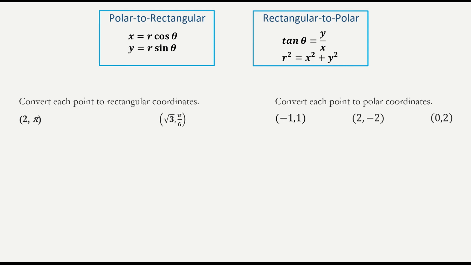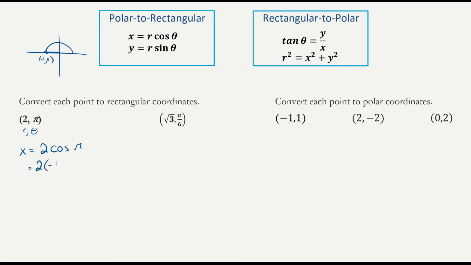Okay, here we go. First, we'll convert from polar to rectangular, and there we have our conversion formulas written nicely. The first point is (2, pi), so that's my r and my theta. Focus first on finding the x value. So x equals r times cosine of pi. According to our unit circle, cosine of pi is -1.